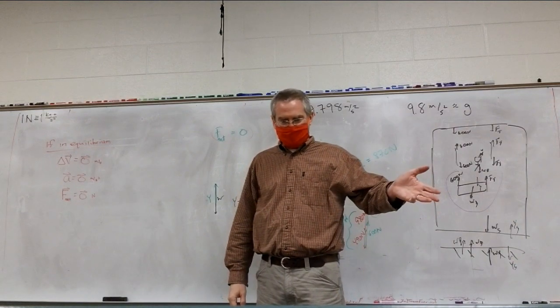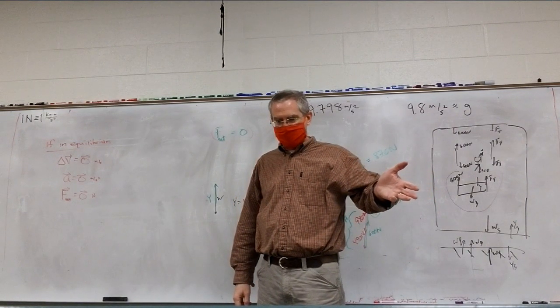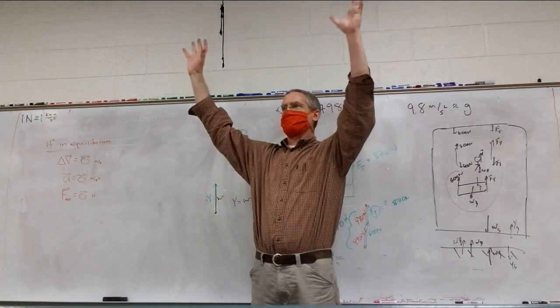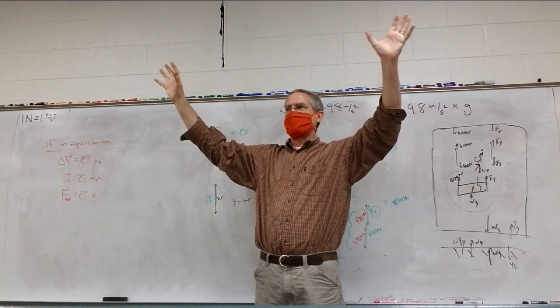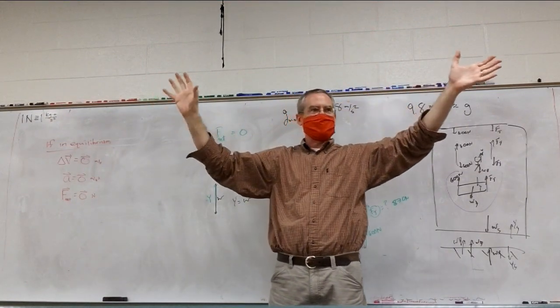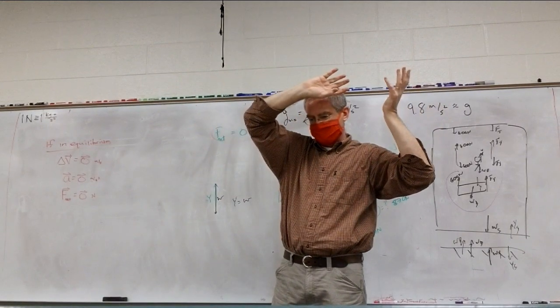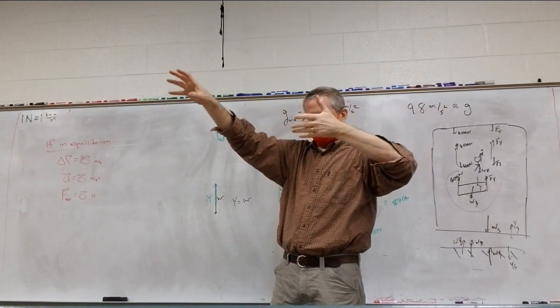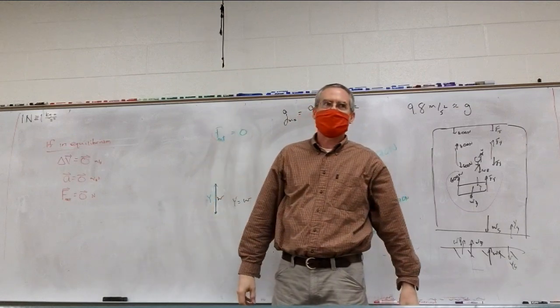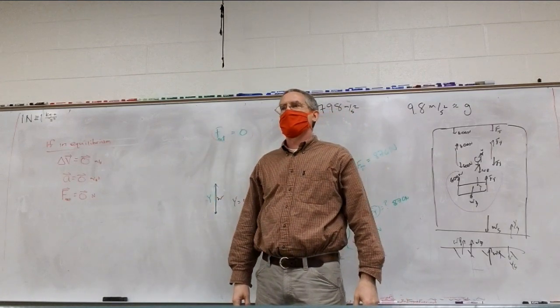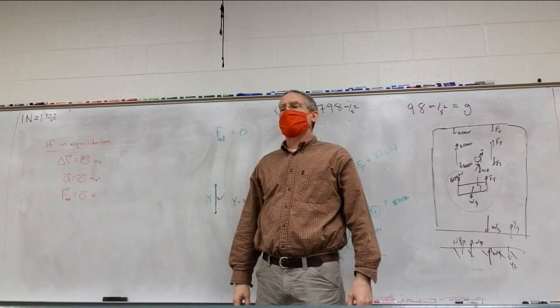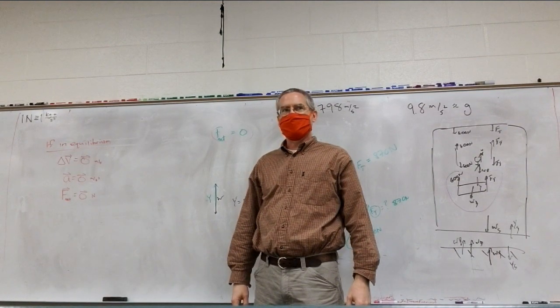So if I have an object that is moving along, let's just make it middle of space. There's nothing there except for this one object, so I'm not worrying about any other forces. It's cruising along at 50 meters a second. At what point will it stop?